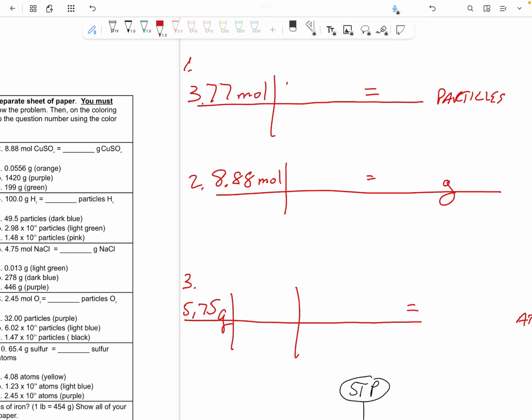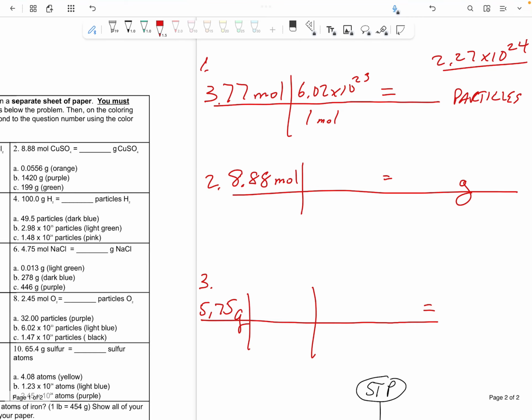You're going to have 6.02 times 10 to the 23rd particles on the top, and you're going to have 1 mole on the bottom. That's a simple multiplication problem. And when you do that, that turns out to be, I believe, 2.27 times 10 to the 24th particles when you put it in your calculator.